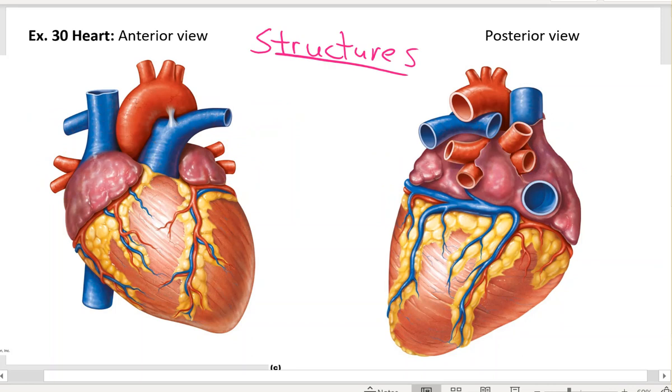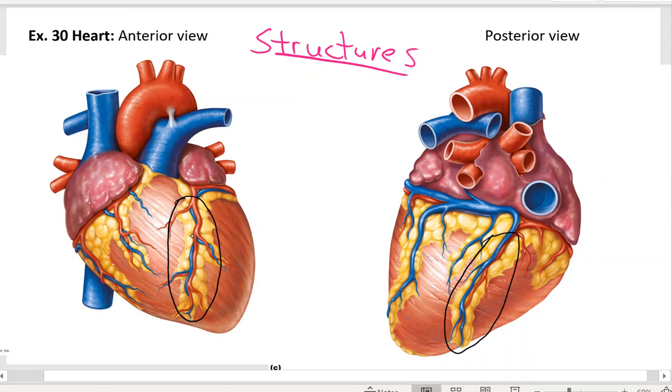Some structures on the heart. So we can see kind of some grooves on the front of the heart where blood vessels live. We can also see these grooves on the back of the heart where blood vessels live. That's called an interventricular sulcus. And it's going to have an interventricular artery.